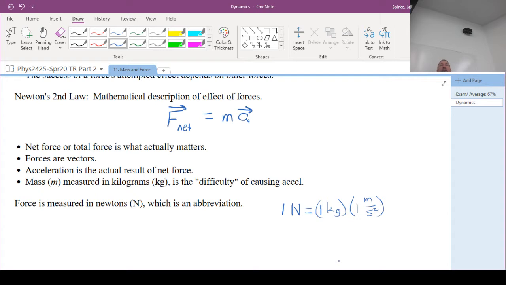In English units, the pound force and the pound mass are very closely related to each other. A mass has a particular weight, and the pound force is the weight of a pound mass on Earth. If you take a pound object to the moon, it will still be a pound mass, but it will no longer weigh a pound. It will be a lot lighter because on the moon things are lighter.